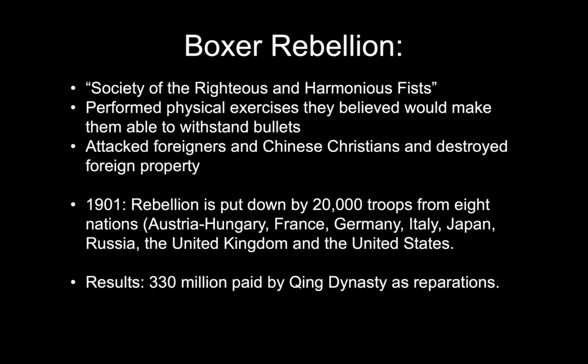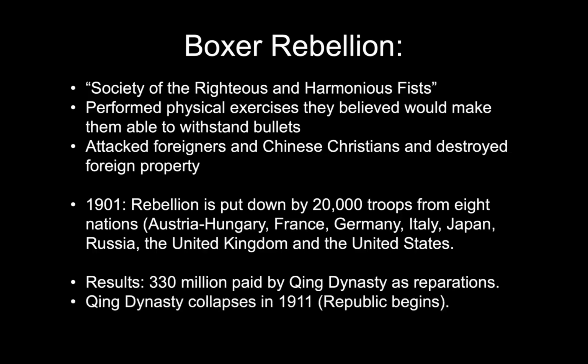So there's no way for China to win here at all. It's really kind of rough. And so the Qing dynasty will collapse in 1911, and you're going to have the Republic of China begin, which is basically a puppet government of these 8 European and 1 American nations.